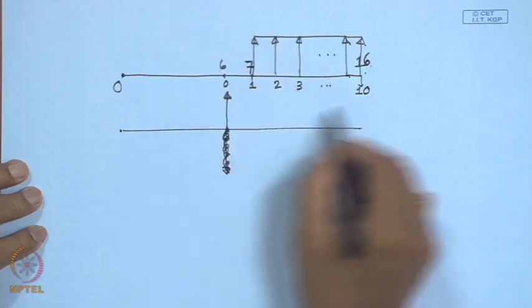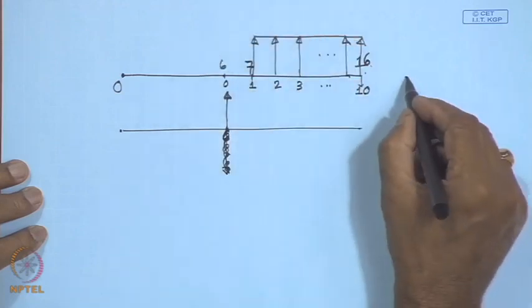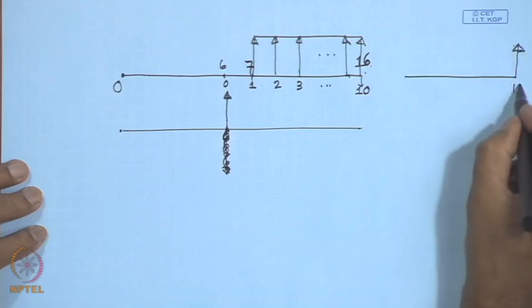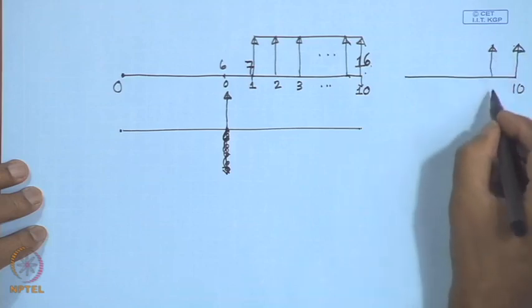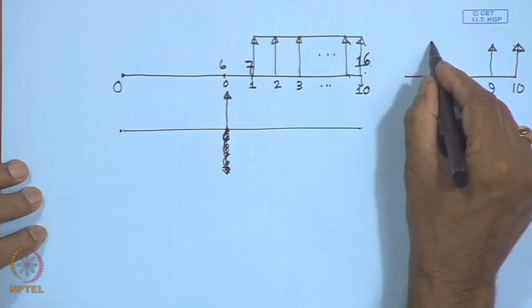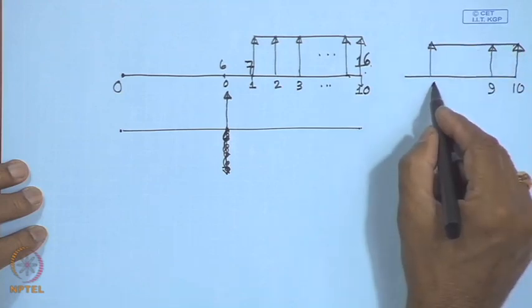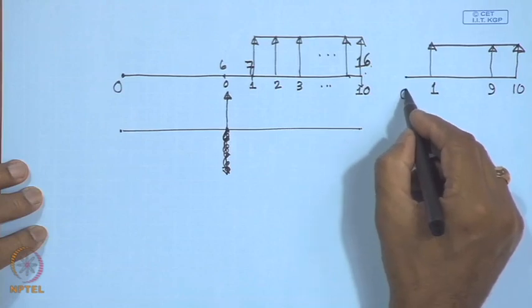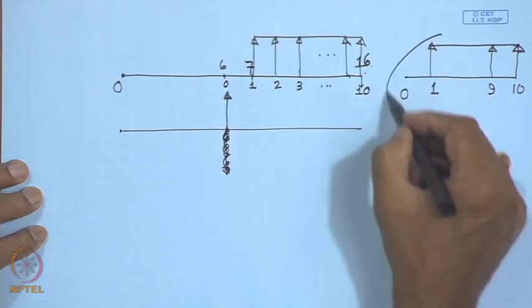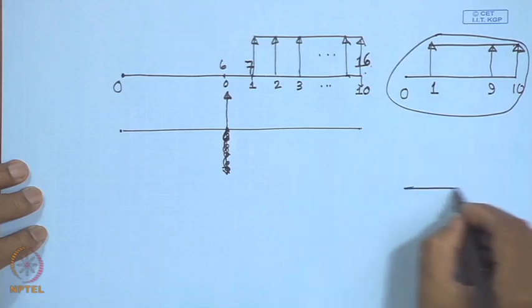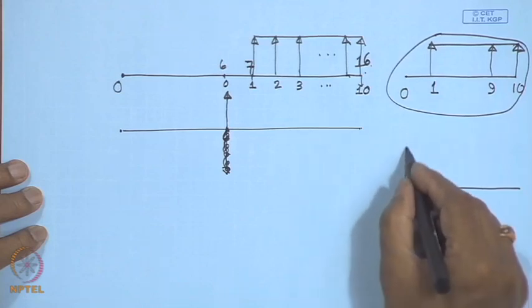Therefore, this particular portion would be something equivalent to like 10 here, 9 here, 1 here and 0 here, and we find out first of all the equivalence of this at this point.